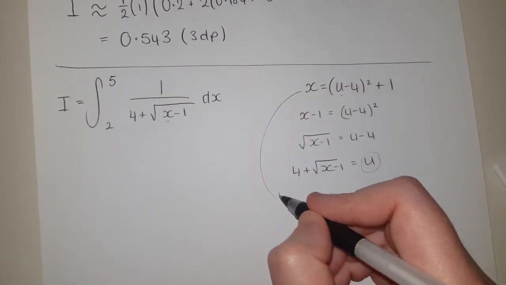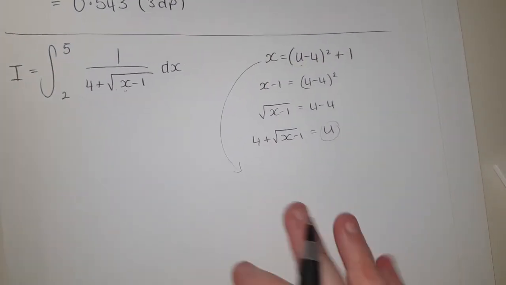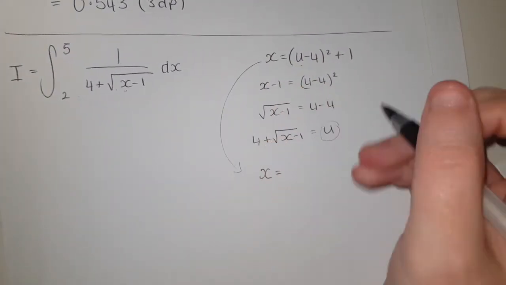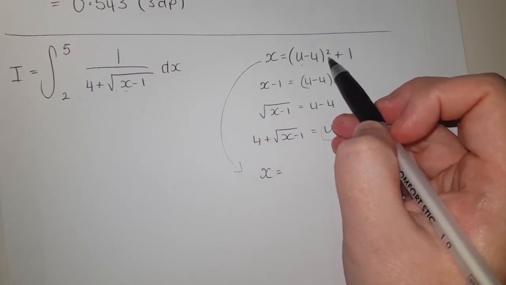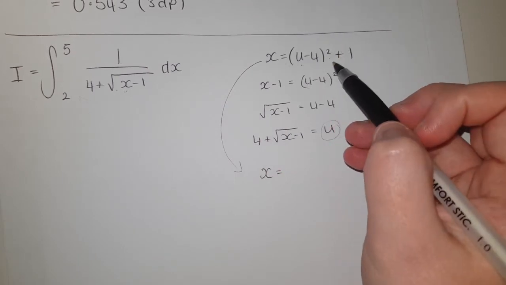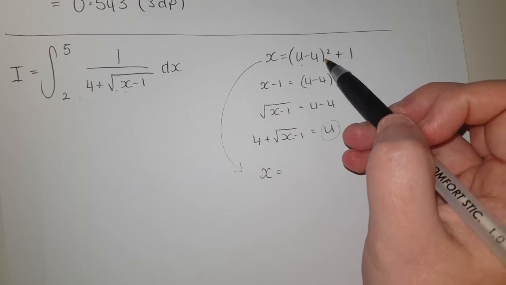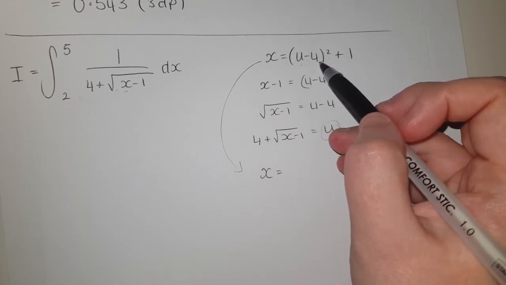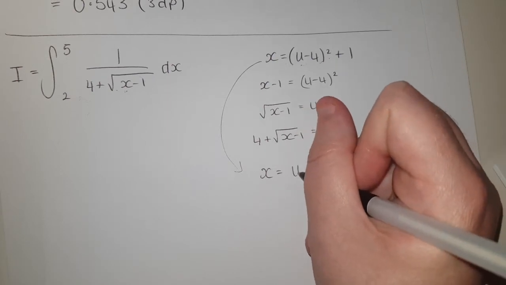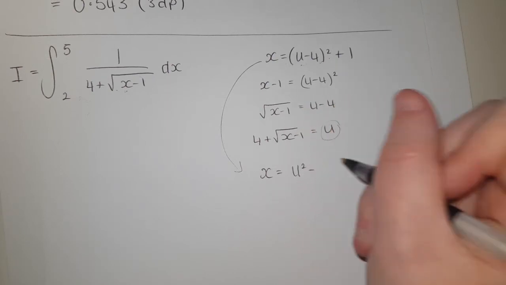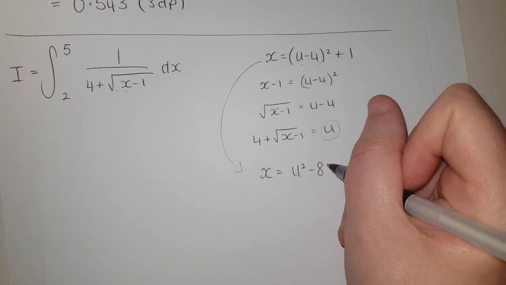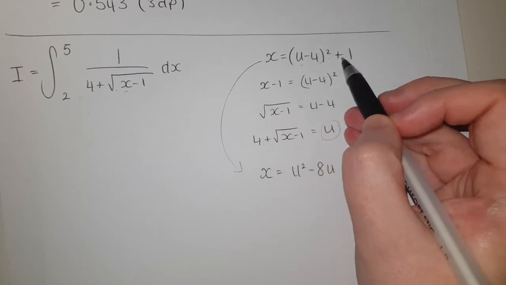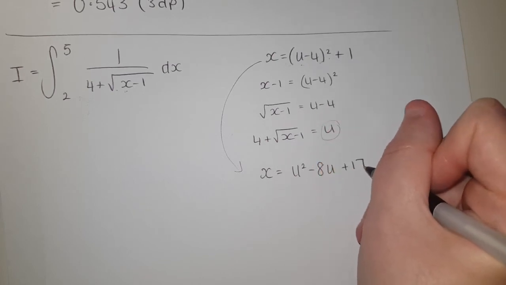You're going to have to differentiate your x term. What I would recommend is, because this is just a squared term, you can, if you want, use chain rule. That's absolutely fine. Or you can just expand your brackets. This is a normal standard quadratic from GCSE, which would make it easier to differentiate. So you've got u squared minus 8u, plus 16 plus the extra 1 there, so I get plus 17.